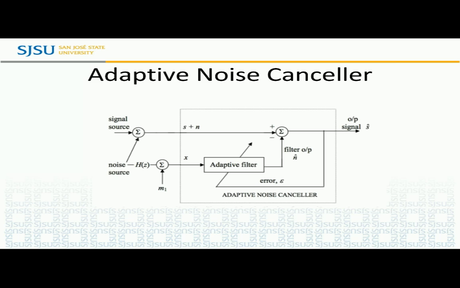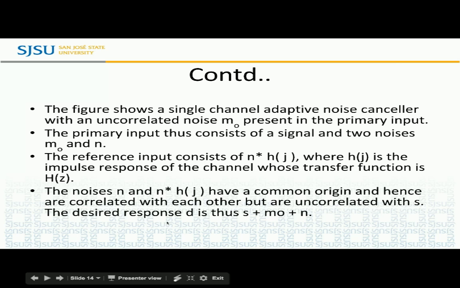As we can see, the noise source is sent in the form of X to the adaptive filter. The error signal is also sent as a feedback loop to the adaptive filter, and hence the final output is obtained. So I have given some information regarding the noise cancellation. A single channel adaptive noise canceller with uncorrelated noise M0 is present in the input.